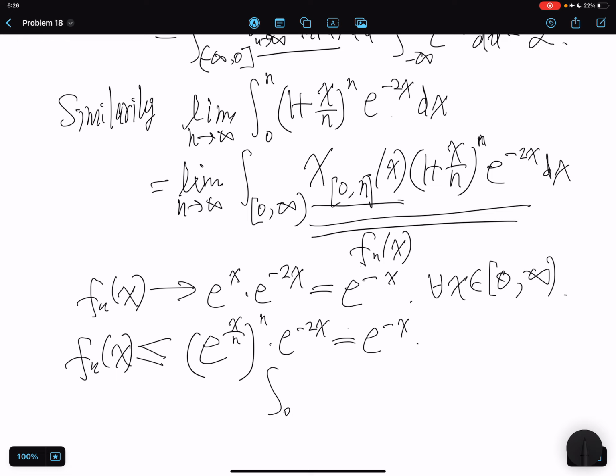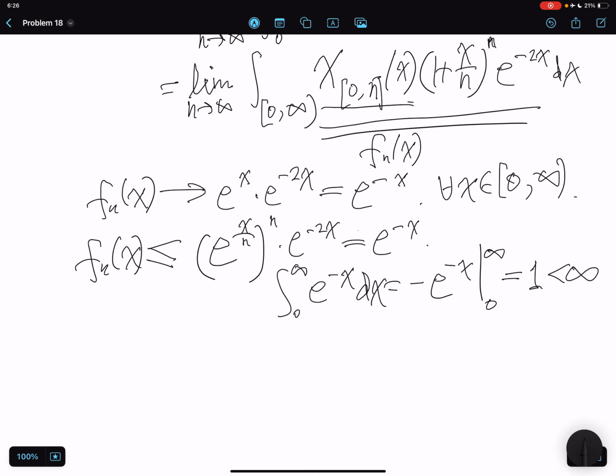And also the integral from 0 to infinity of e^(-x) dx: the antiderivative is minus e^(-x), and from 0 to infinity, we have this equal to 1, which is finite, right? So we have all the conditions satisfied to apply the dominated convergence theorem.